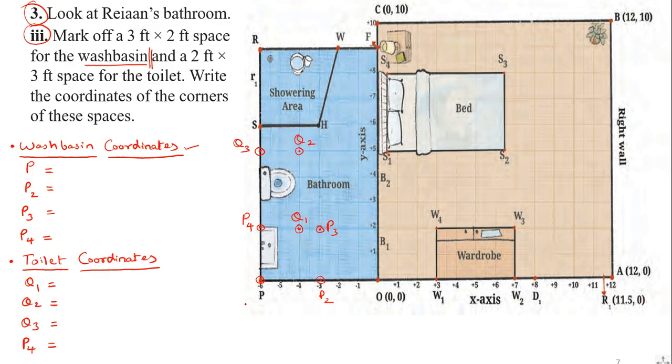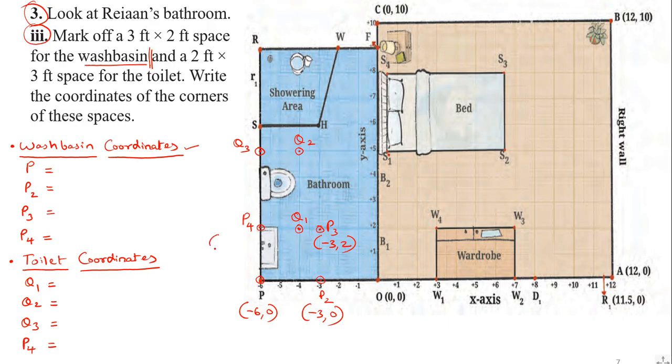P is minus 6 comma 0, x is minus 6 and y is 0 on the x-axis. P2 is minus 3 comma 0. P3 is minus 3 comma 2.